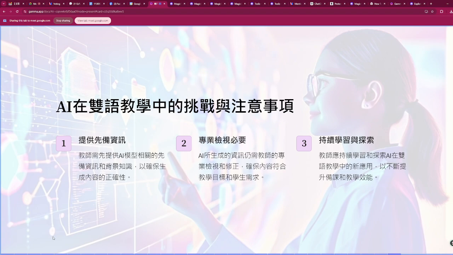Last, I would like to remind that AI does not know everything, and not everything that AI provides is correct. So we need to give the model background information, and also familiarize it with the Taiwanese curriculum, the 108 curriculum guidelines, and what we actually need.